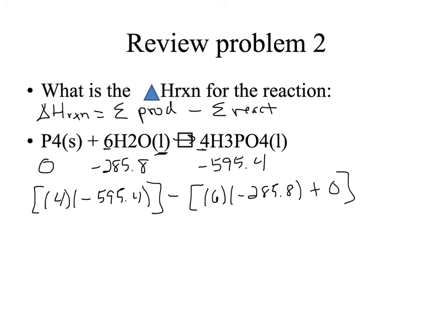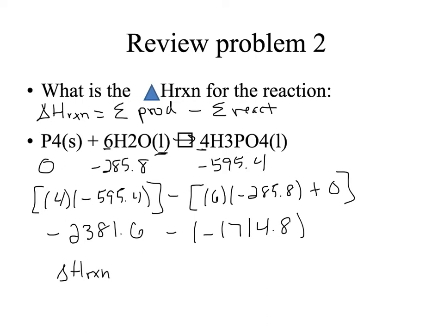So on this first one, I get negative 2381.6 minus a negative 1714.8. So that tells me my delta H reaction is negative 666.8. And the unit on this is kilojoules.